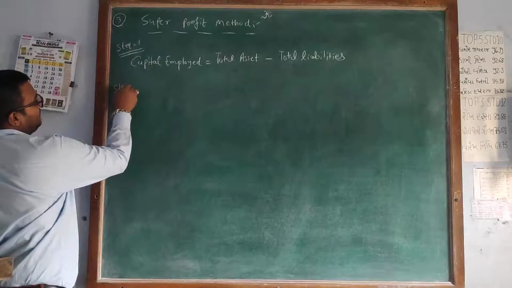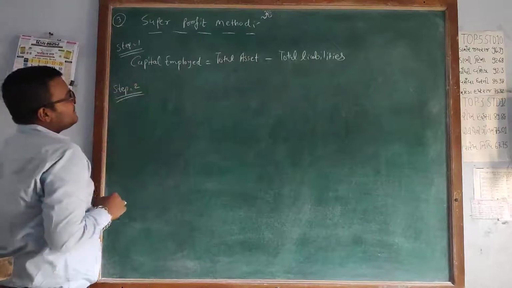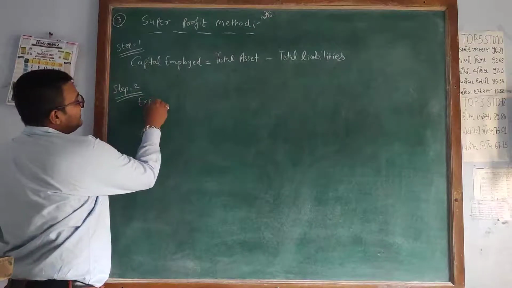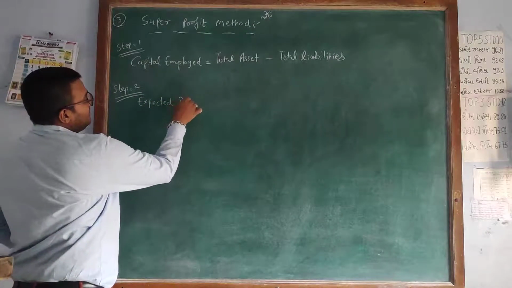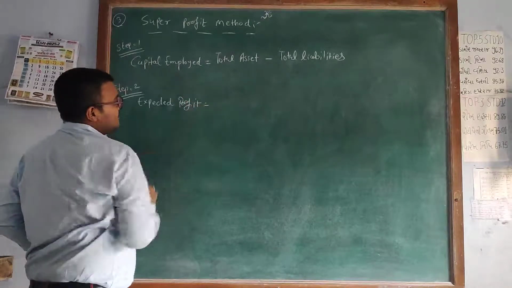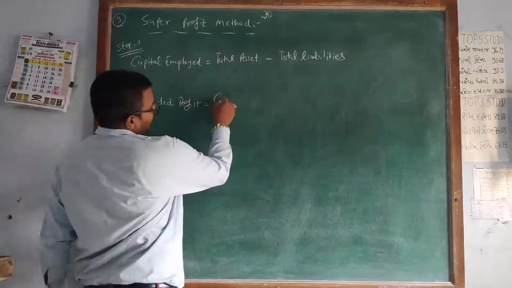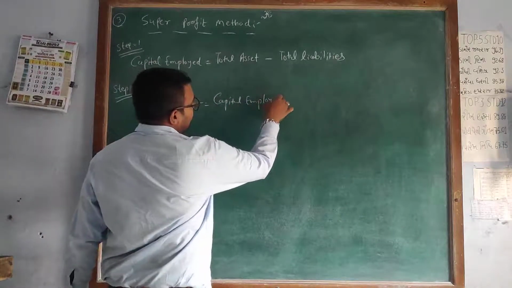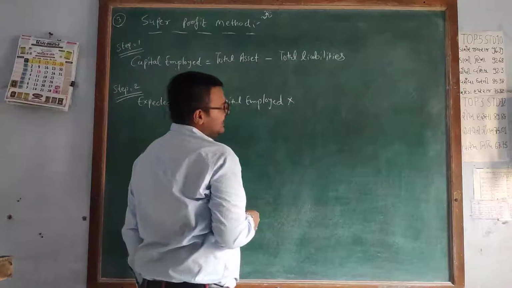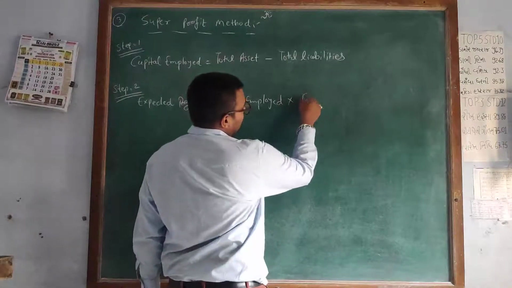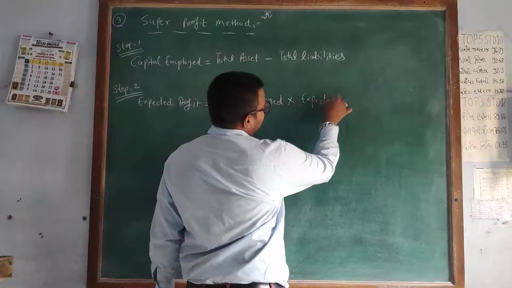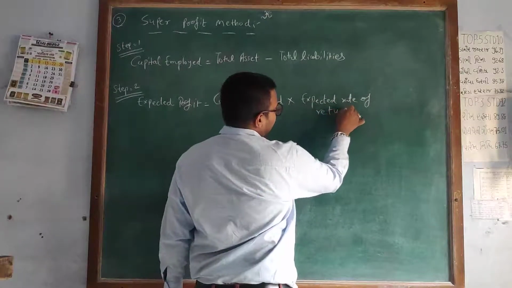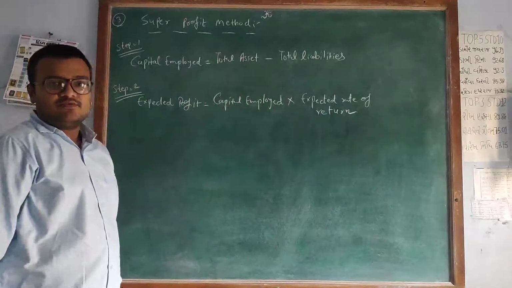Step 2. Expected profit is equal to capital employed into expected rate of return.